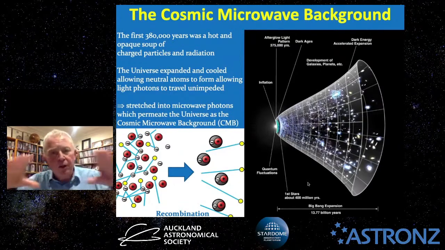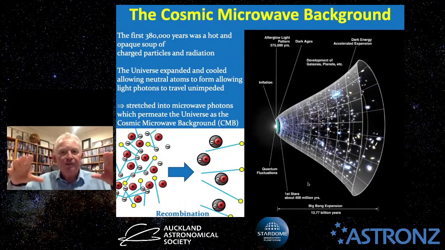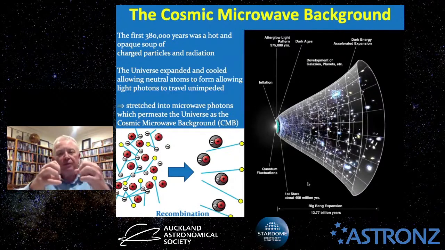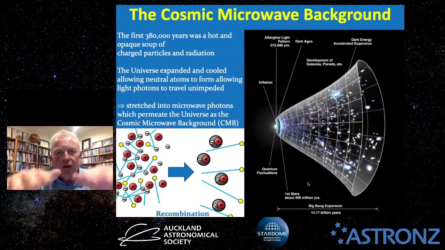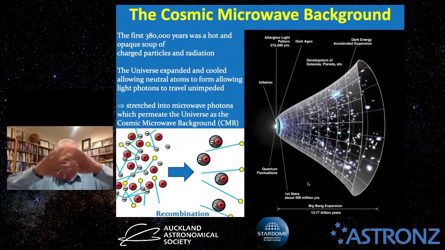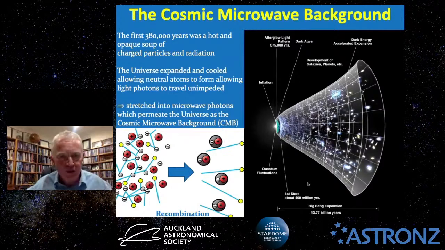What's happened is the universe, over the last 13.8 billion years, has of course continued to expand. And as the photons have traveled through the universe and the universe has expanded, those photons have been stretched out as well. And they are now surrounding us in microwave wavelengths. We are bathing in them. They permeate all of the universe.